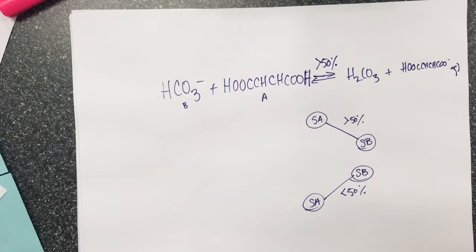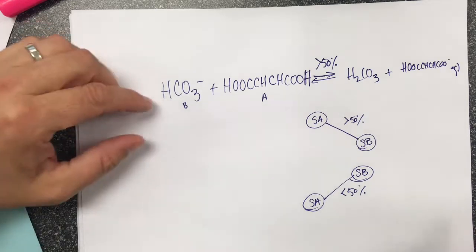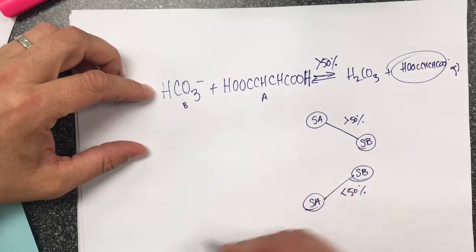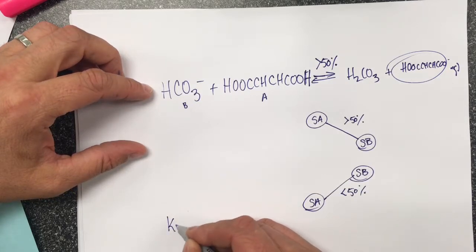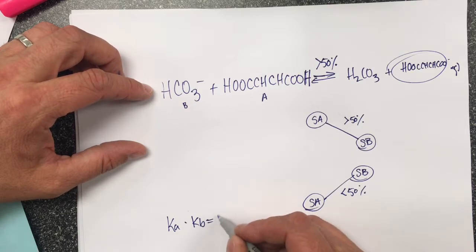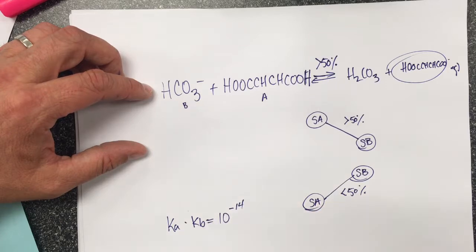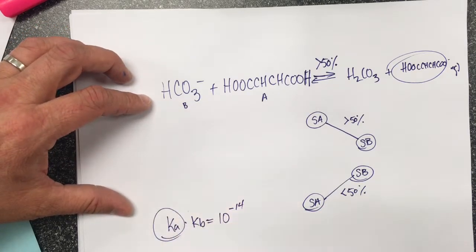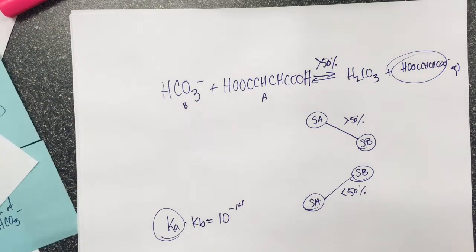The next question says to calculate the Kb of this chemical. Well, the Ka of maleic acid times the Kb of hydrogen maleate is going to be equal to Kw, which is 10 to the negative 14. We've already determined that this is 1.5 times 10 to the negative 2.